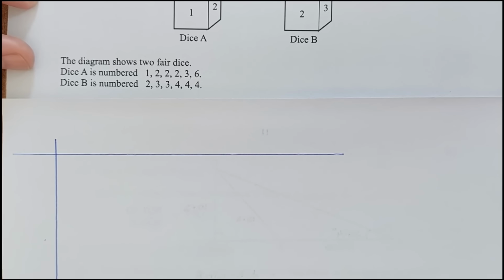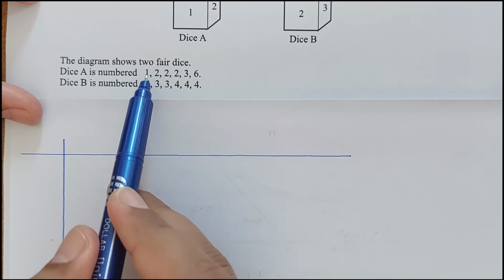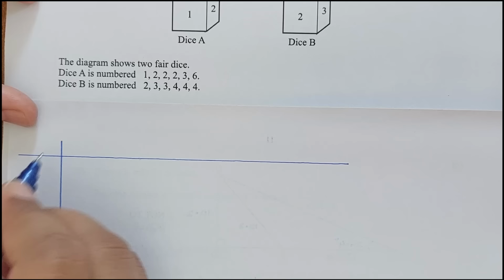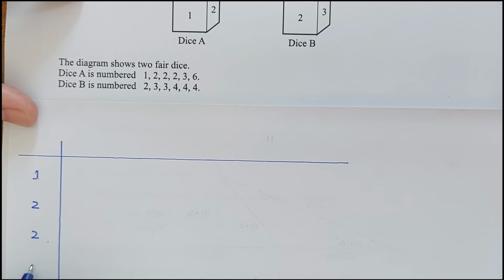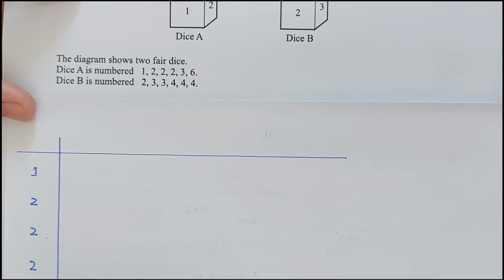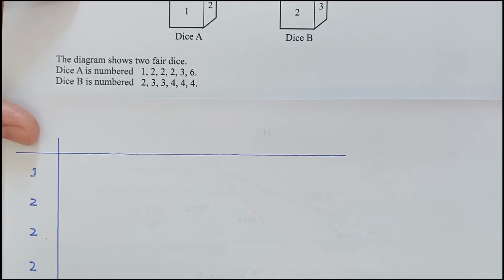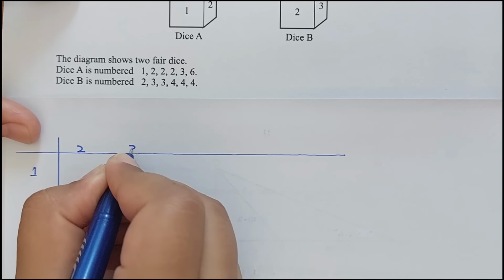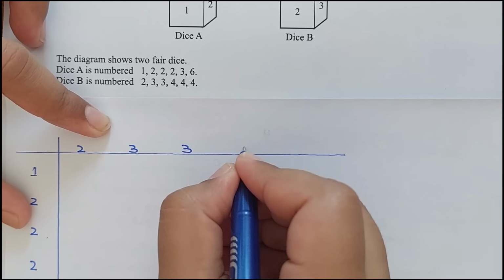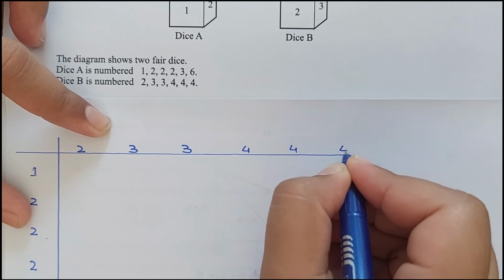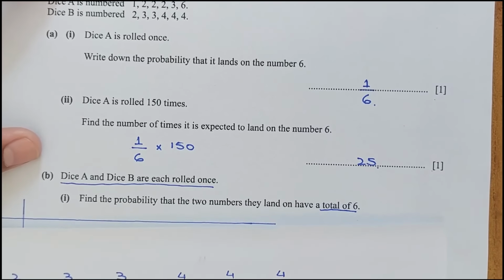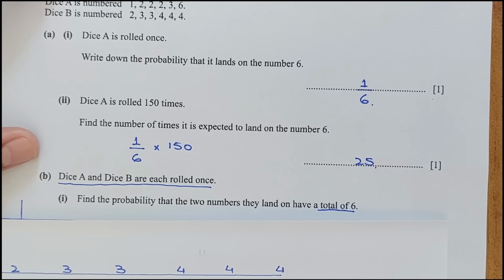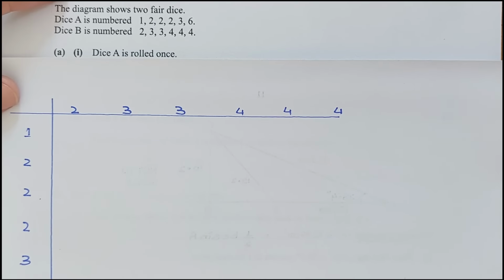Dice A is over here: 1, 2, 2, 2, 3 and 6. Dice B is 2, 3, 3, 4, 4 and 4. Let me add them up, because the question says the two numbers they land on have a total of 6. Their total should be 6.